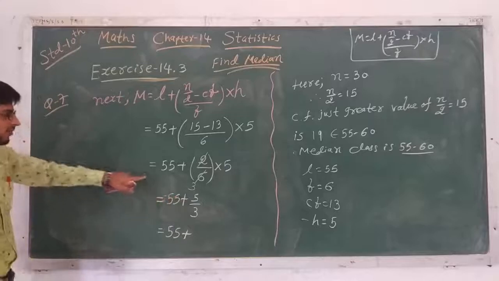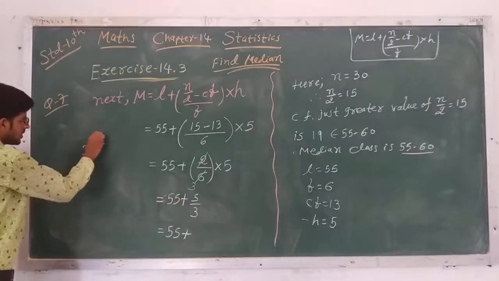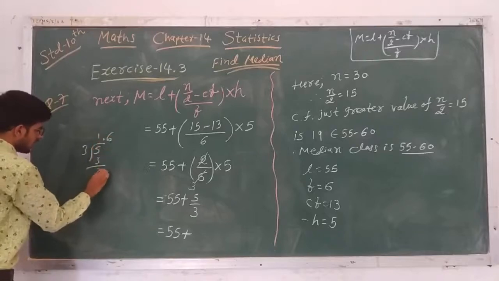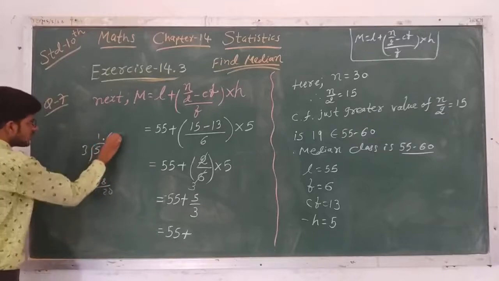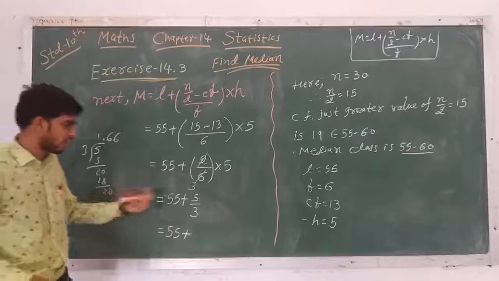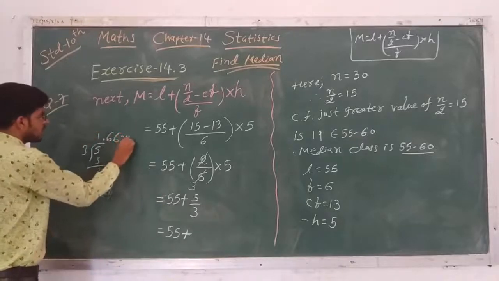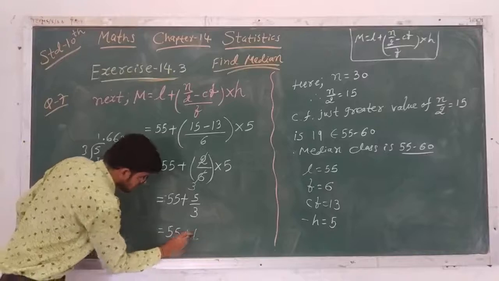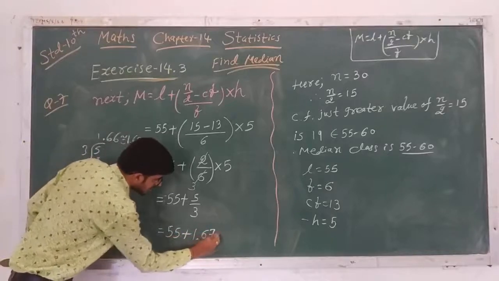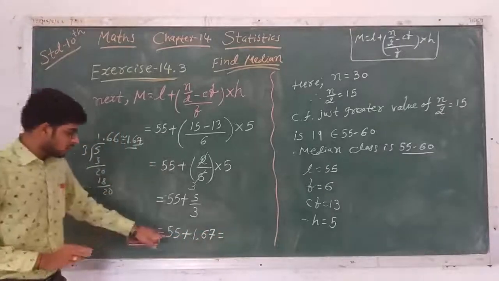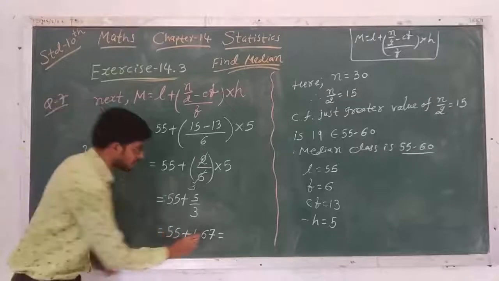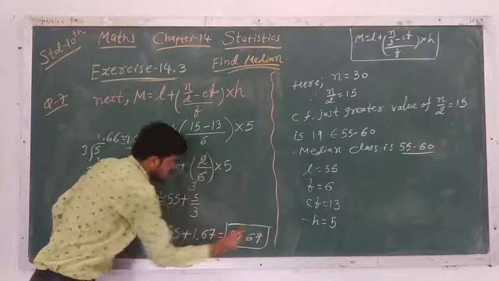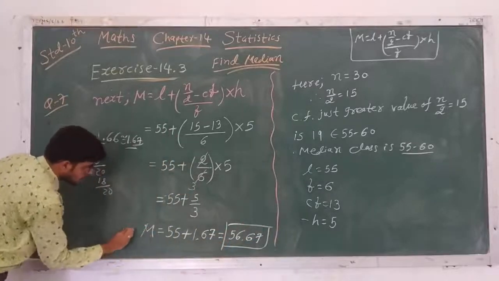Now divide 5 by 3: the answer is 1.6666. So we can write approximately 1.67. So 55 plus 1.67, the final answer is 56.67. It gives the median of the given data.